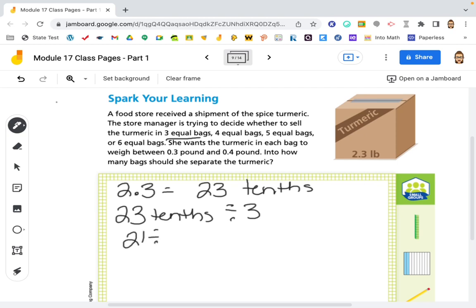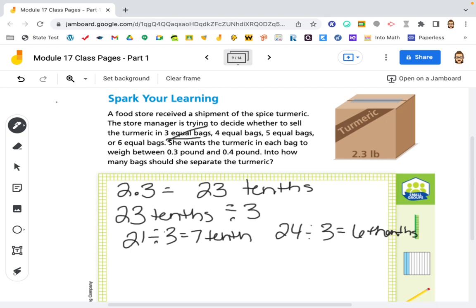So we're going to do 21 divided by 3 and 24 divided by 3. So this would be 7/10 and this would be 8/10. So that does not fall between 3 and 4, so it's not going to be 3.